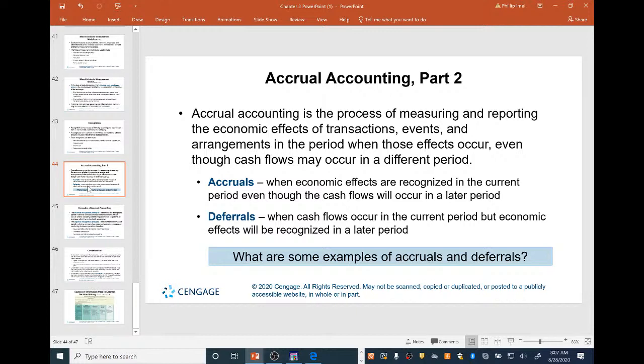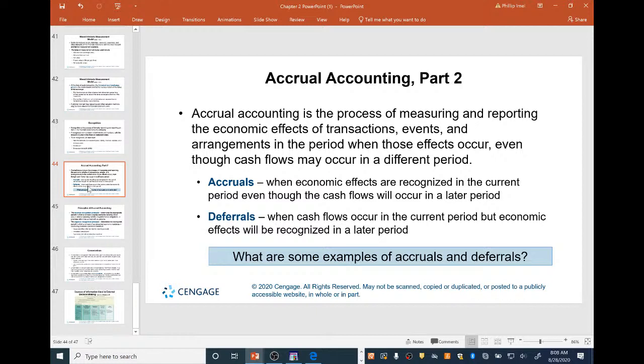So I think we talked a little bit about accruals and deferrals. Accruals is where the economic effects are recognized in the current period, even though the cash flows will occur in a later period. And then deferrals are when cash flows occur in the current period, but economic effects will be recognized in a later period. And we made the differentiation amongst these.